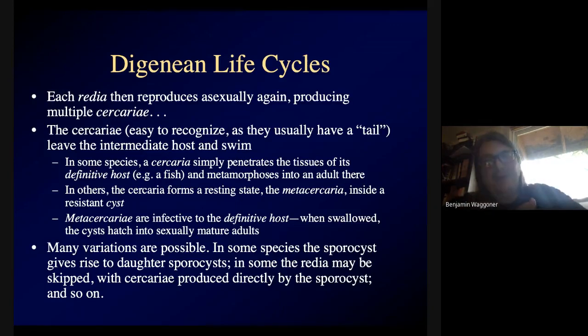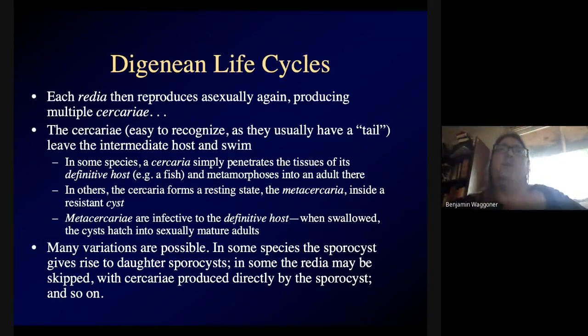They'll form metacercariae sometimes on the outside of a fish and sometimes inside the fish's liver or something like that. And they'll just sit there and wait to be eaten by, in this case, a fish-eating bird, which is the definitive host.